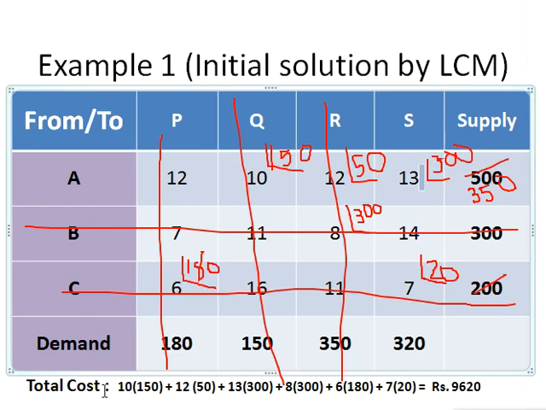Okay, so likewise you can calculate the total cost as per the allocation made. Here 10 multiplied by 150 plus 12 multiplied by 50 plus 13 multiplied by 300 plus 8 multiplied by 300. Likewise you can get the total cost. Okay, now we'll move to the next problem.